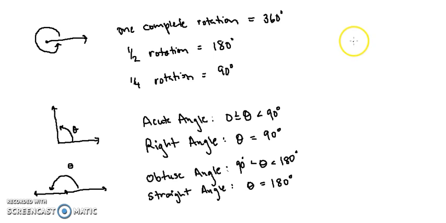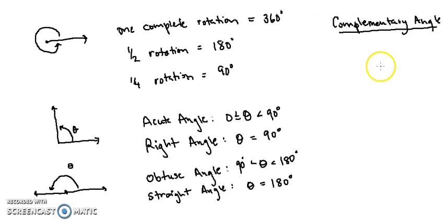Now two more descriptions that we may use are complementary and supplementary, and you may remember those from your geometry days as well. Complementary angles would be if you have two angles that add up to 90 degrees.